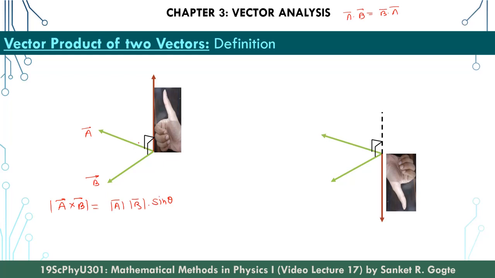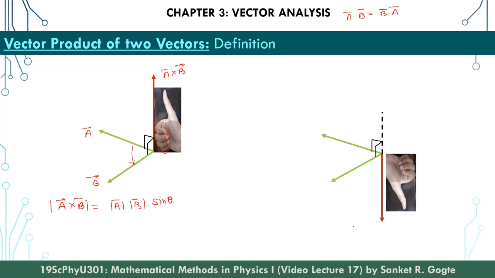We have to hold the right hand such that these curled fingers denote the rotation from A to B along an angle which is less than 180 degrees, and therefore A cross B is in this direction, the upward direction in this case.